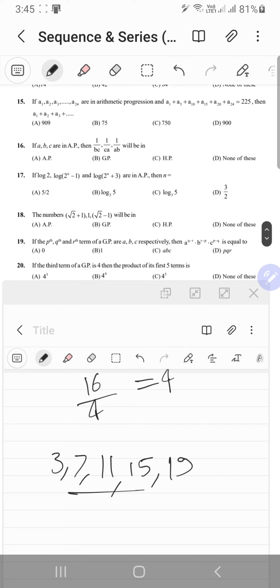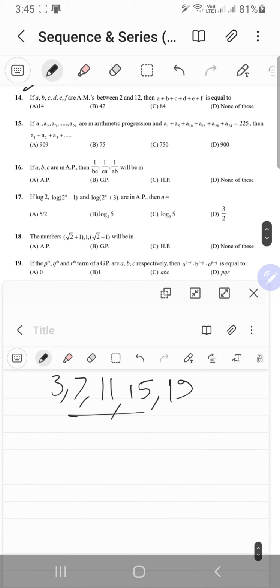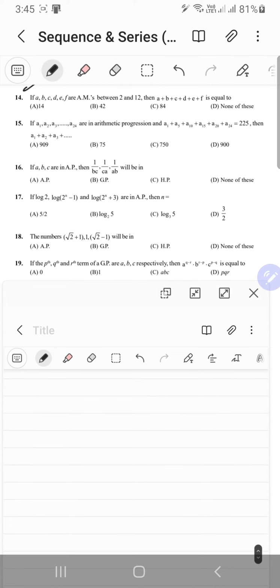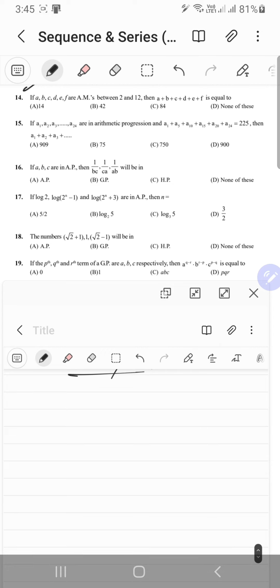Cool. Next question: if these are AMs between 2 and 12, then the sum is equal to, okay, how many of them are there? 1 2 3 4 5 6. So there are 6 AMs between them. That means total there are like 8 terms in the progression. So 8 upon 2 into 2 plus 12, that will be the sum of the progression, that minus the first and last term, that will be the sum of all the remaining terms, which is exactly what you want.